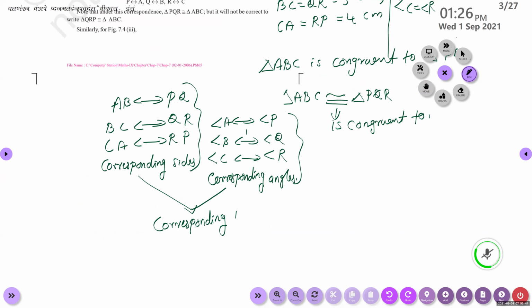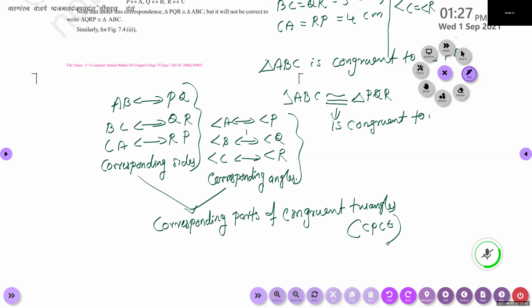Corresponding parts of congruent triangles, CPCT.